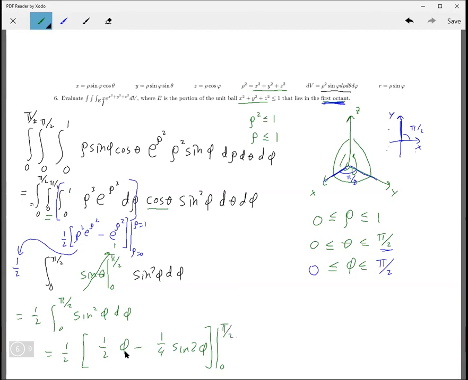If you put pi over 2 in, you get pi over 4, right? If you put pi over 2 in here, you get sine pi, which is 0. And then when you put zeros in, you get 0. Okay, so pi over 8.